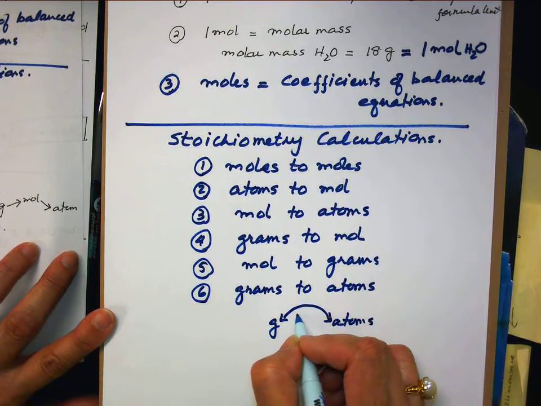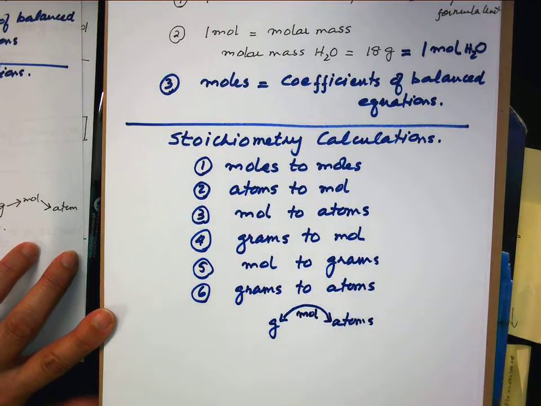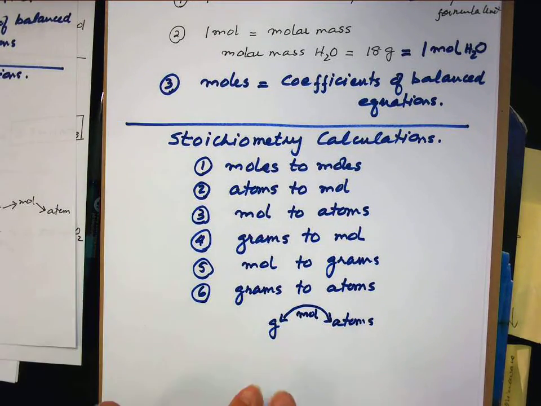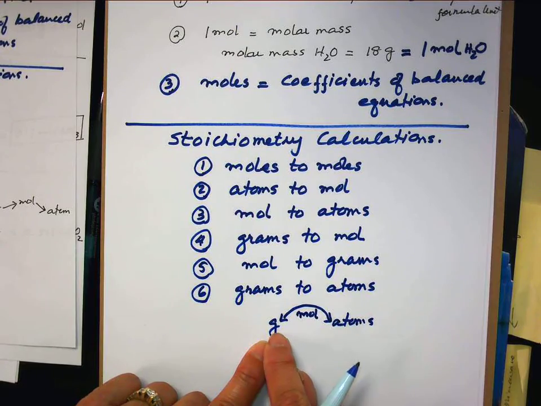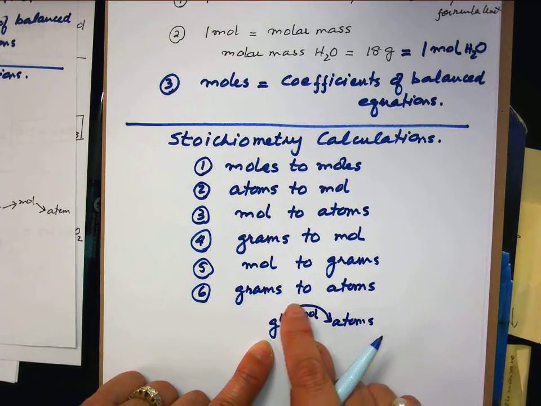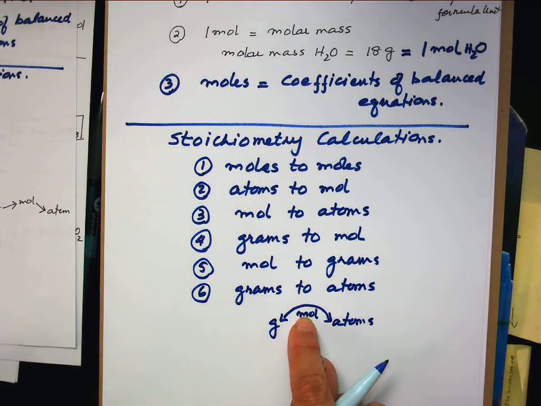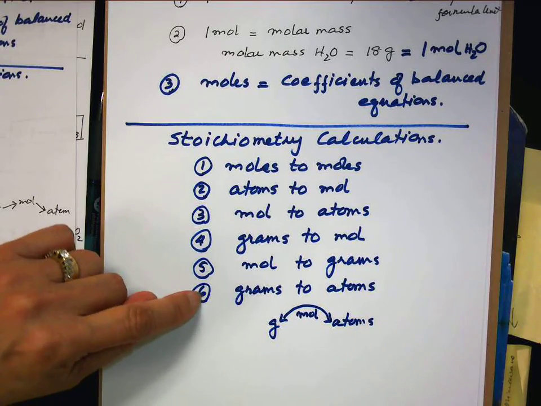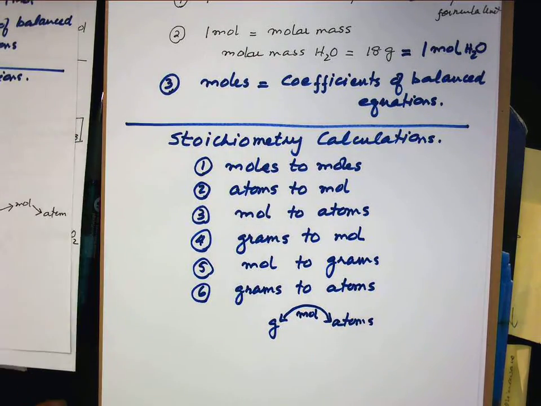The mole is the bridge. So if you have grams and want to change to atoms, you go through the bridge of mole. Change the grams to moles first, then from moles to atoms. So this is 2 steps, the rest are all 1 step.